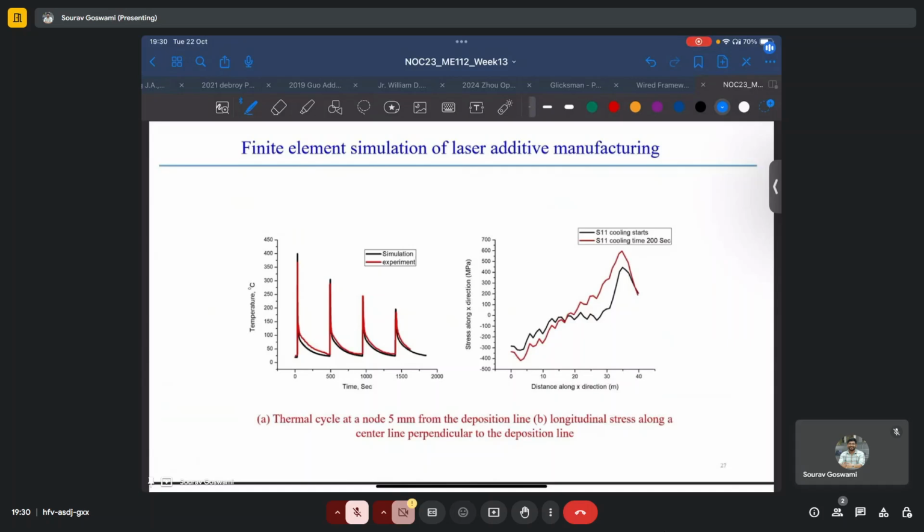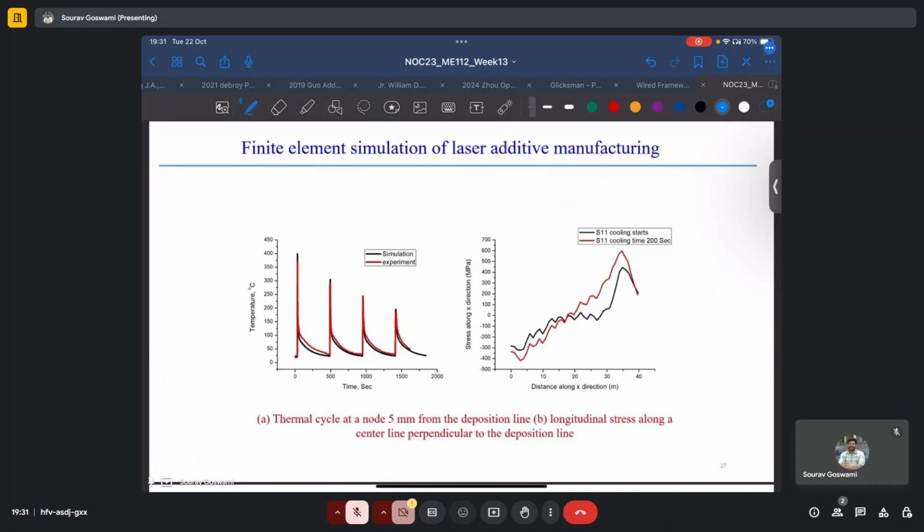In one case, the model has been validated against the thermal cycle. So you fix a thermocouple at one position on the substrate, then you deposit a few beads, and you obtain the thermal cycle. You simulate or mimic the same process in your modeling framework and generate these thermal cycles, and then you check how well your predicted thermal cycle agrees with the experimentally obtained cycle.